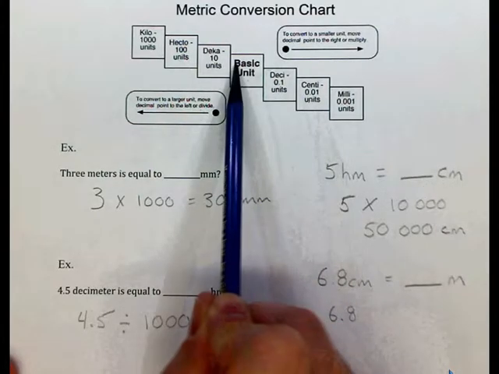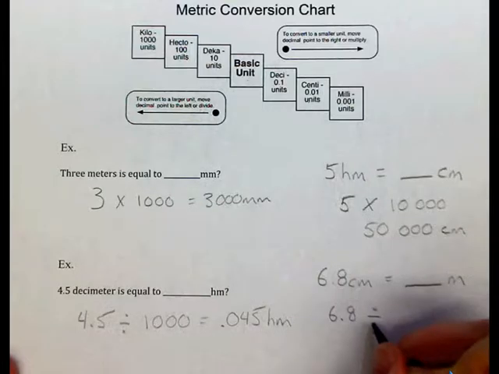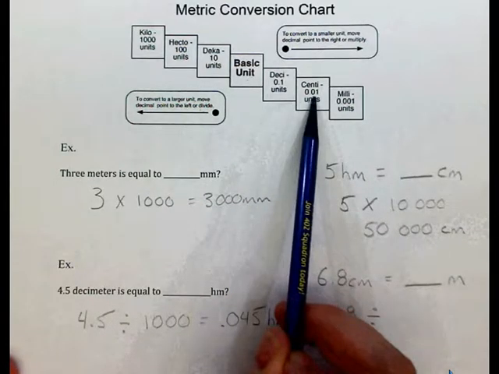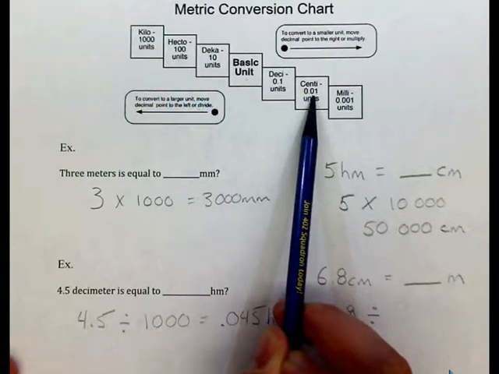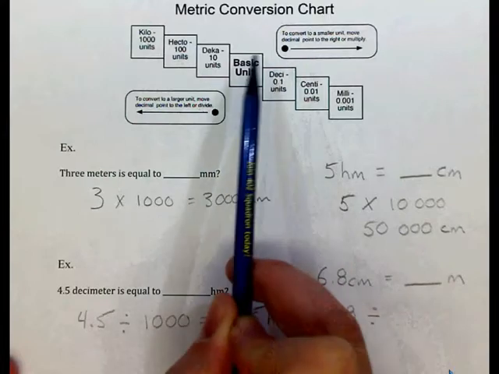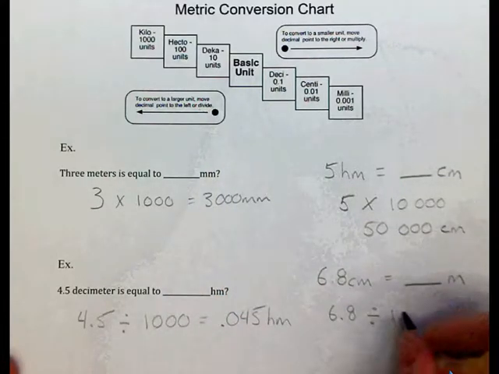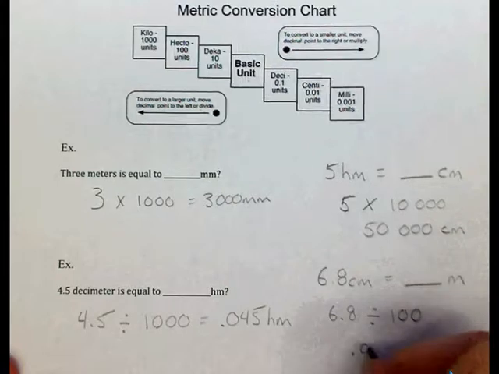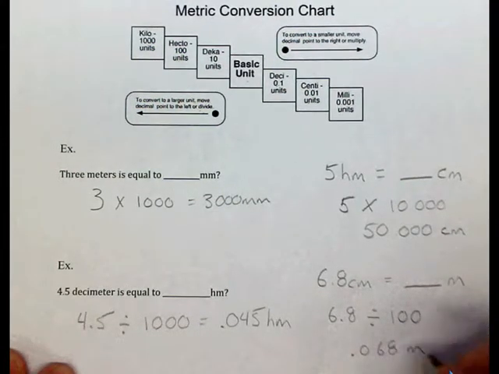So that's moving to the left. Moving to the left is division. Divide by what? Centimeters. Every step is a multiple of 10. So we're going to divide by 10, 100. So we will take 6.8 and divide by 100. 6.8 divided by 100 is 0.068 meters.